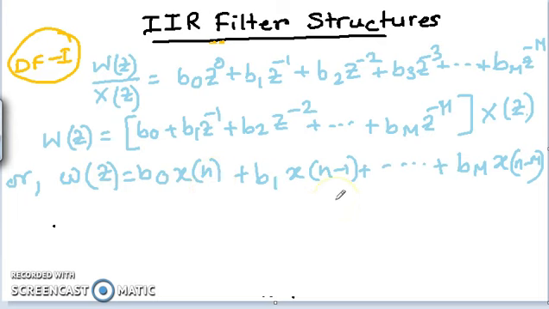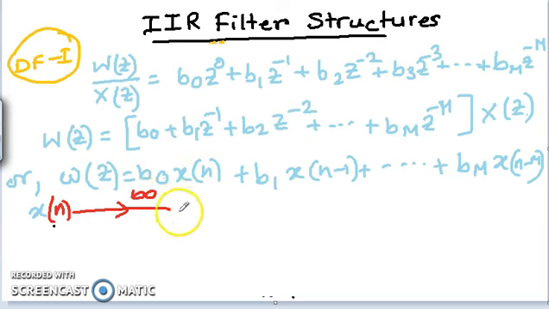So if I draw the structure of this, suppose the input x(n) is entering. First x(n) is entering, and x(n) is now multiplied with b0. So there is a b0 over here.